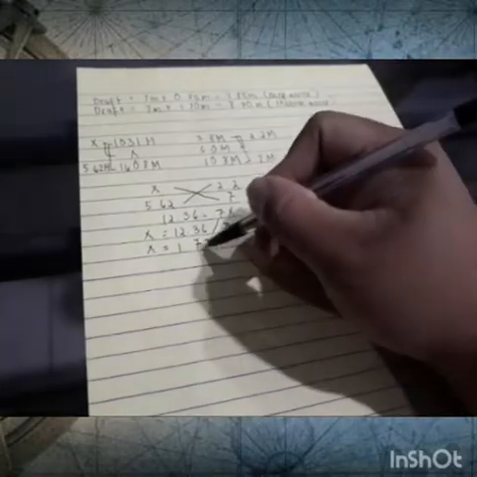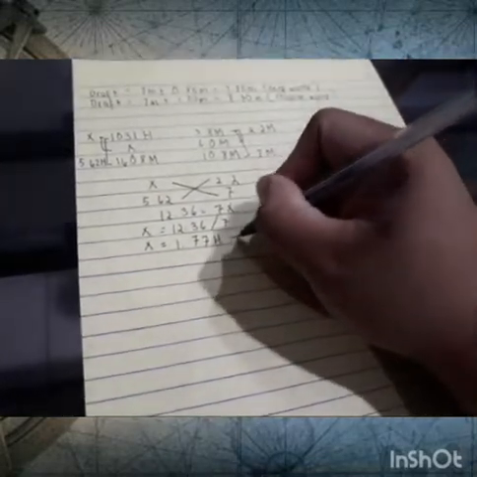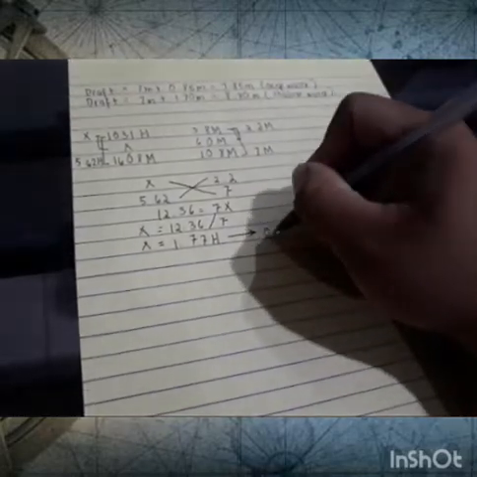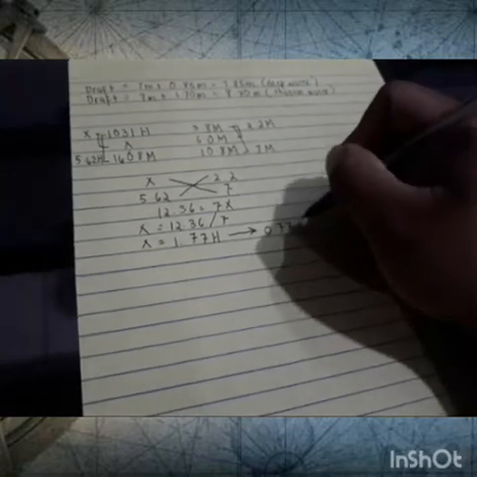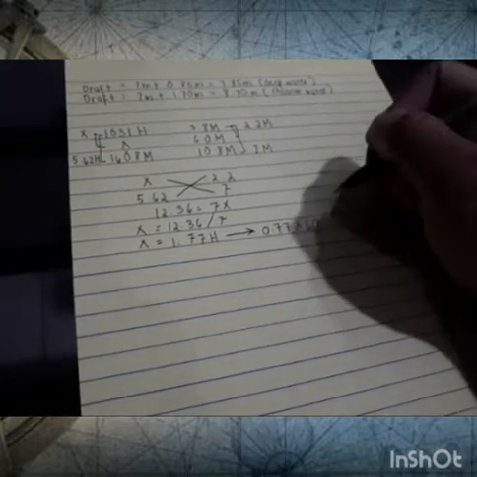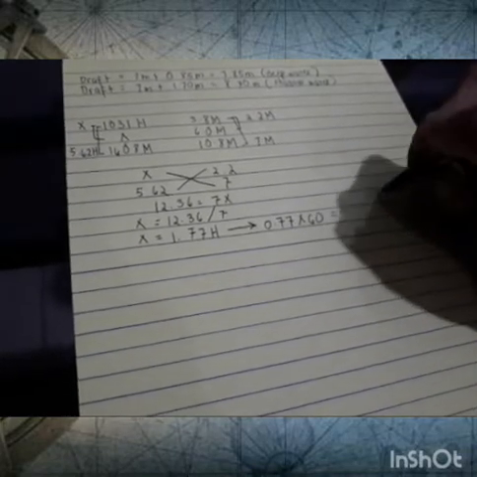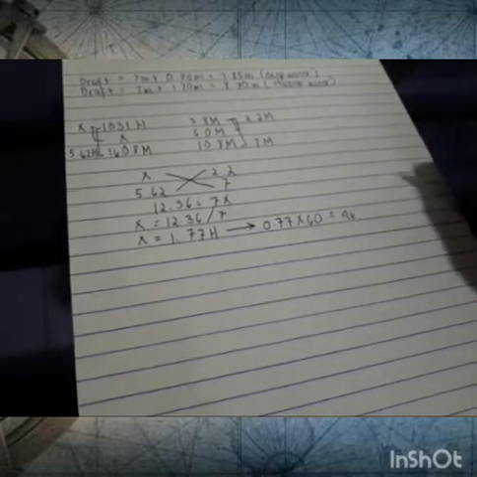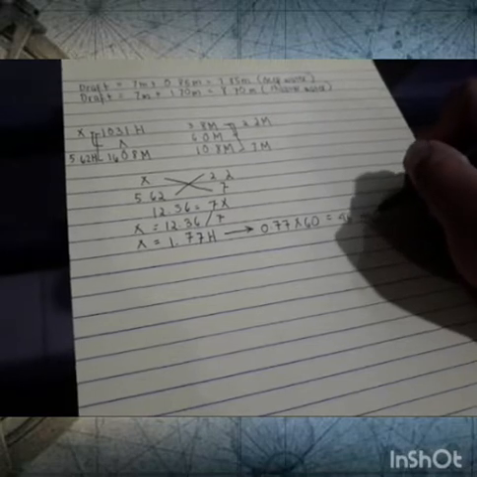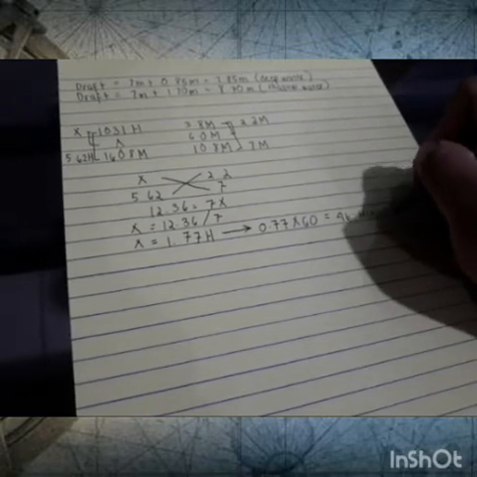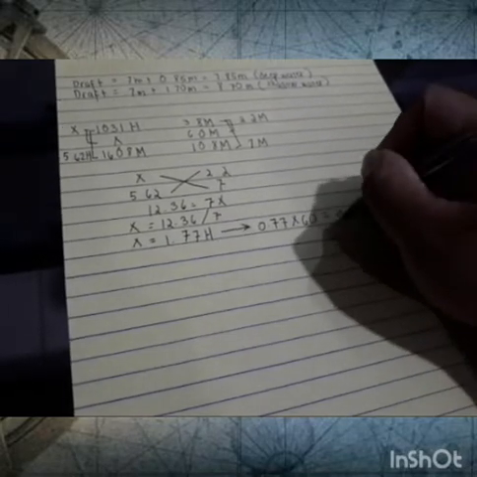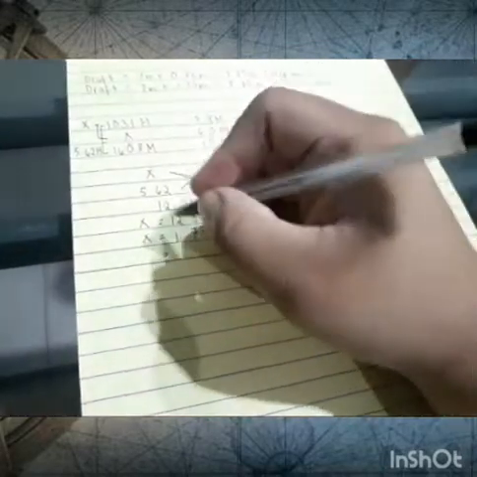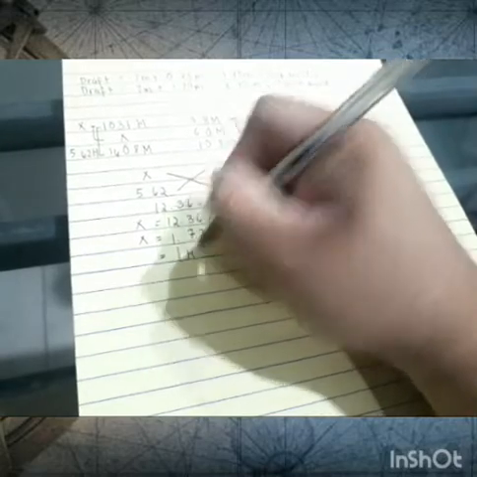So it's 0.77, and we need to times it by 60 to know the minutes. 0.77 times 60 is equal to 46 minutes. So it's gonna be 1 hour and 46 minutes.